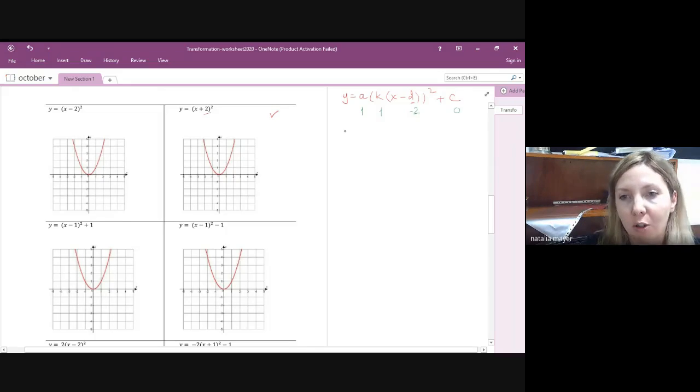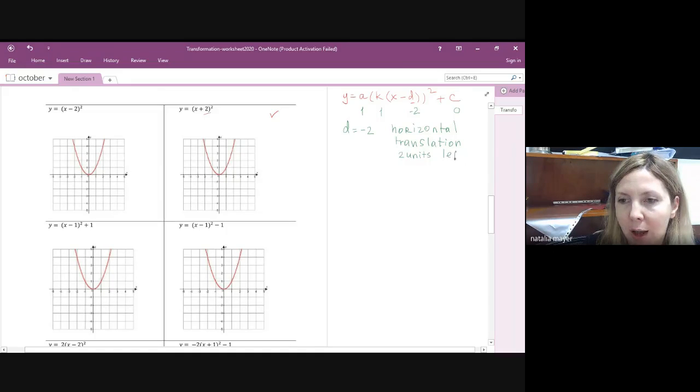Since the only transformation here is the one which d is responsible for, and d is -2, we know that d is responsible for horizontal translation, which means just take it and shift it, either left or right. In this case, d is negative. If d is negative, it means that the shift is to the left. So horizontal translation exactly 2 units left.